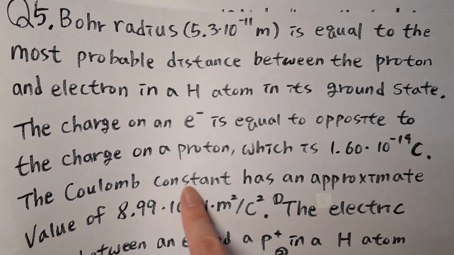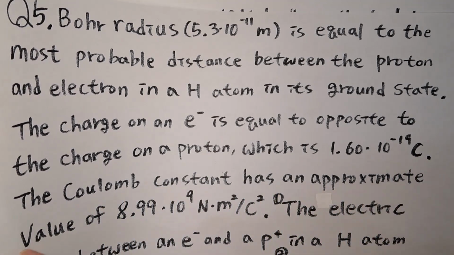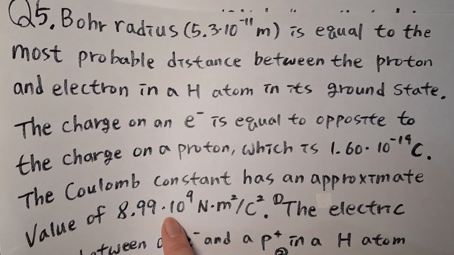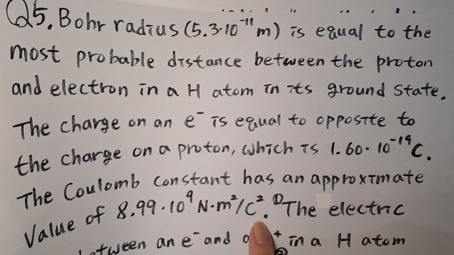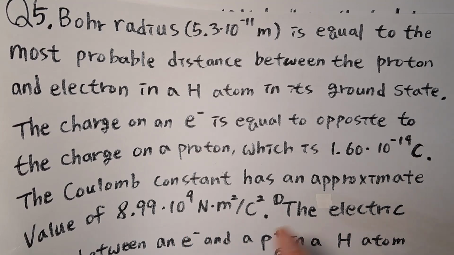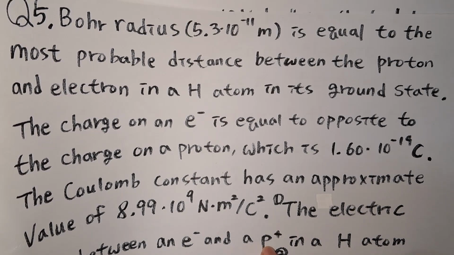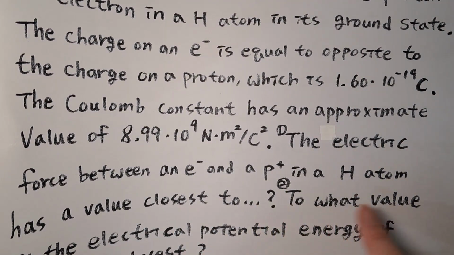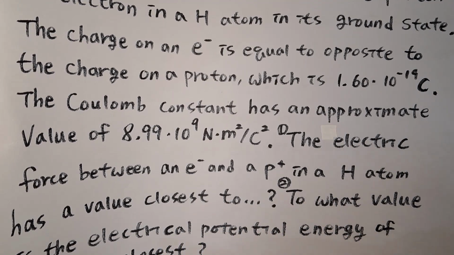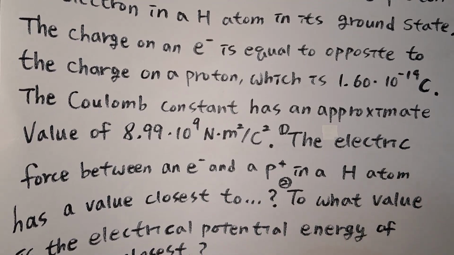The Coulomb constant has an approximate value of 8.99 times 10 power 9 Newton meter square per Coulomb square. The electric force between an electron and a proton in a hydrogen atom has a value close to what value? What is the electrical potential energy of a hydrogen atom close to?